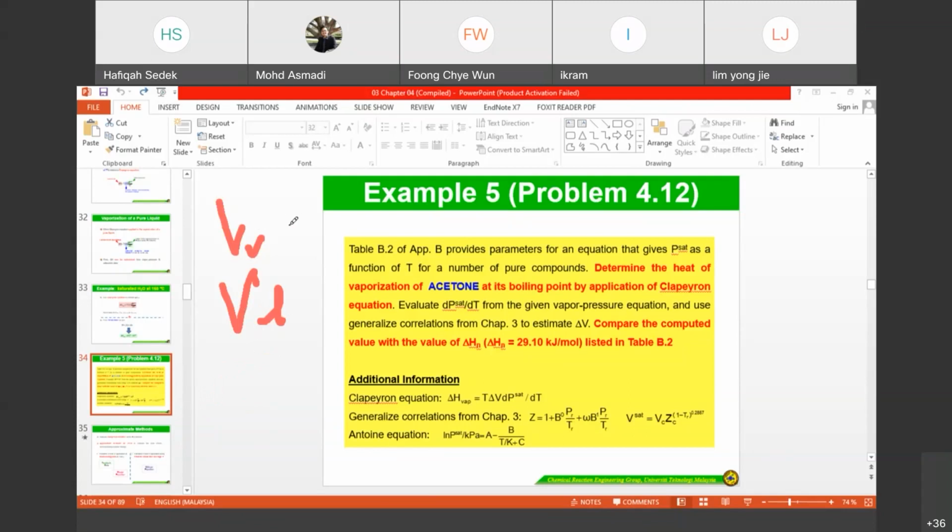Z, and then delta V. And then what else? dP saturated divided by dT, because of this one. Ap is at the end, because you calculate from the normal boiling point. Once you determine this, you can calculate delta H.